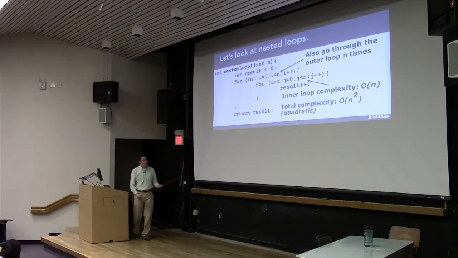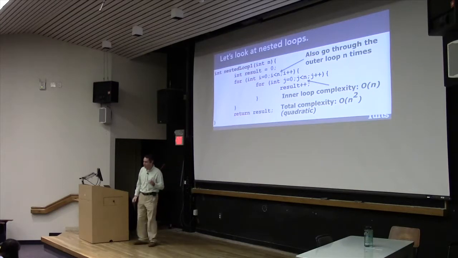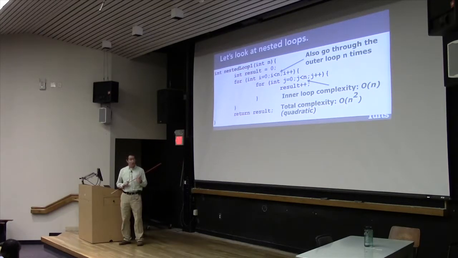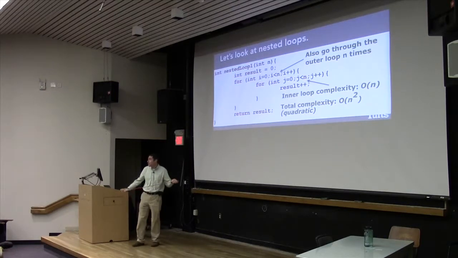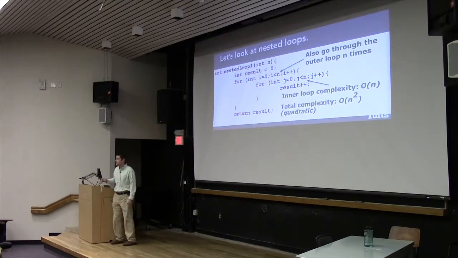So the total complexity of this is on the order of n squared, which is called quadratic complexity. Not such a good thing. It's kind of slow. And it turns out that some types of things we try to do with computers end up being n squared complexity.